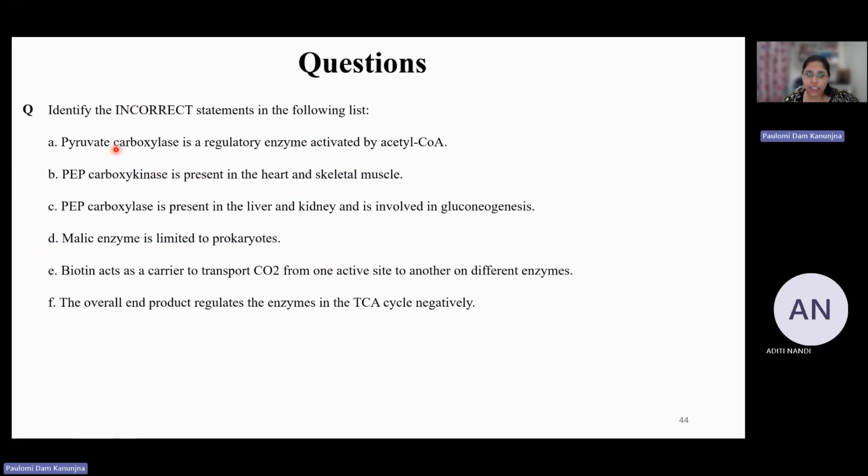And I think the last question for the day. So out of these options, which one is incorrect?